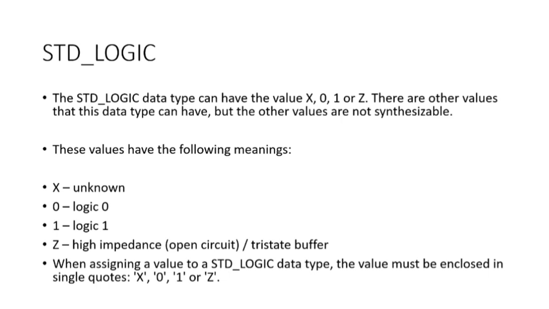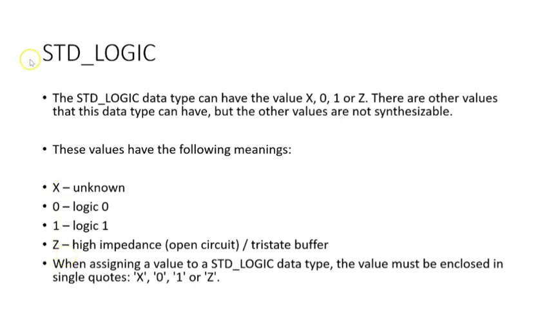Std underscore logic means it can have values either X or 0 or 1 or Z. X is unknown, 0 means logic 0, 1 means logic 1. Z means high impedance, that is open circuit or tri-state buffer. In a tri-state buffer we know that there is a high impedance state, right? That state is defined with the help of the value called Z.